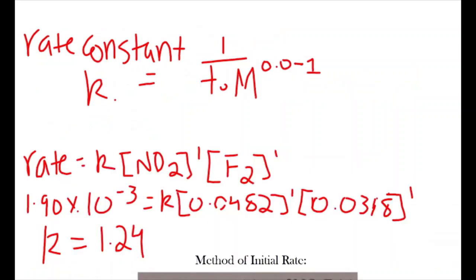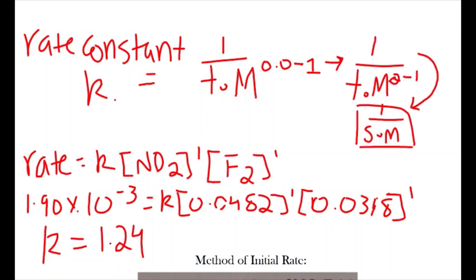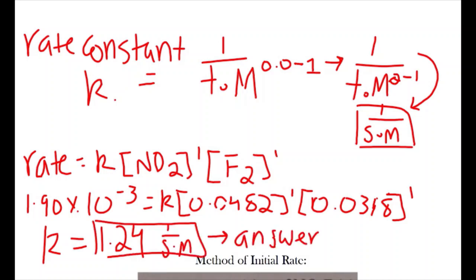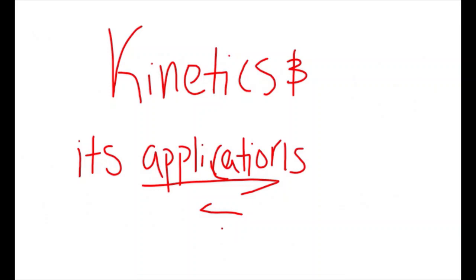A quick shortcut to remember is that rate constant k has units of 1 over time times molarity to the power of the overall order minus 1. Since our overall order is 2, and time is measured in seconds for our data, the rate constant's units are 1 over seconds times molarity, meaning that our rate constant is 1.24 per second per molar.